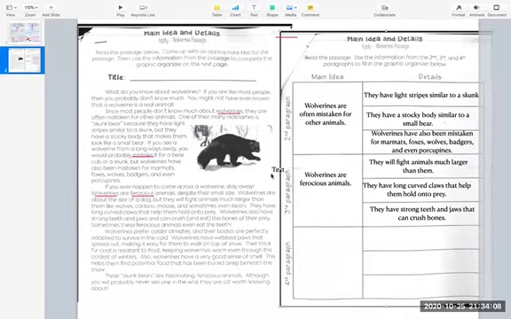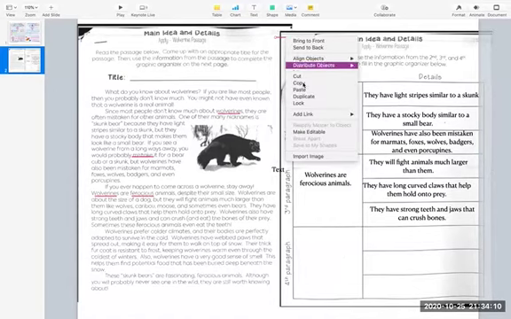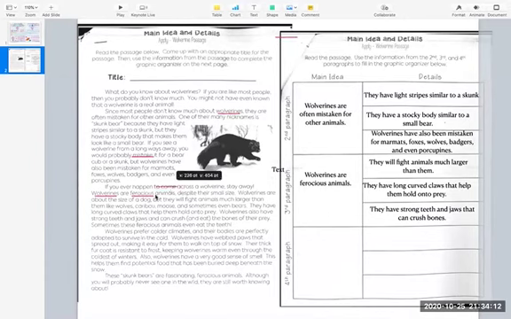All right, again, I have to duplicate my line. Wolverines, there's one of our keywords. We know that this passage is all about wolverines, but I've noticed that it has a lot of words for cold, like colder climates, top of snow, frost.